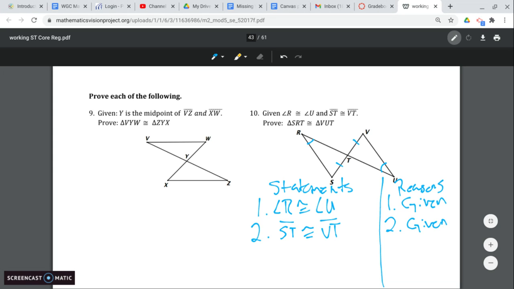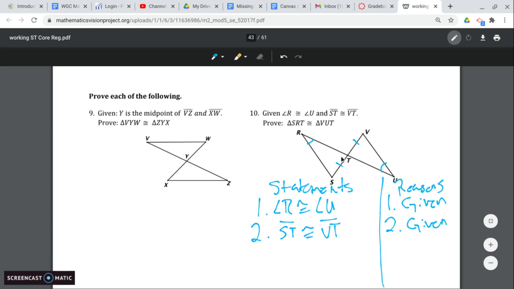That helps us see. Now, here's the part where we need to figure out what we have here, what we can visibly see, what we can tell and notice. Hopefully you're noticing that we have vertical angles going on in here.